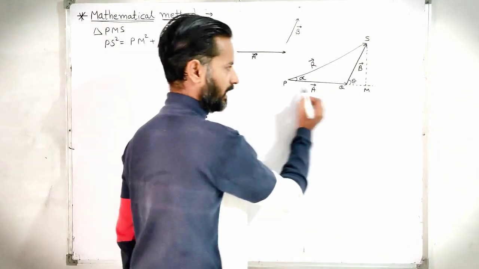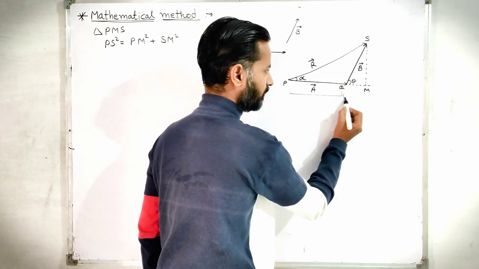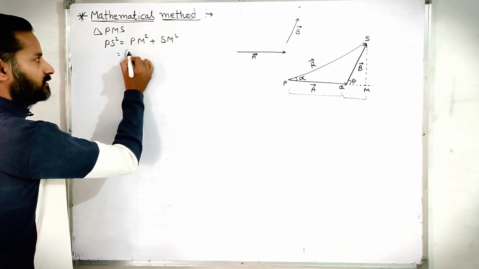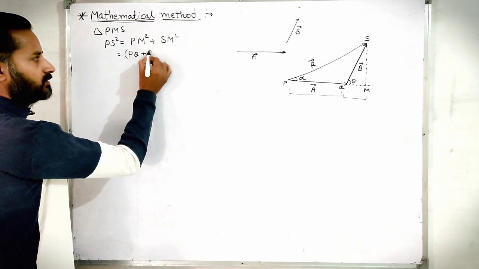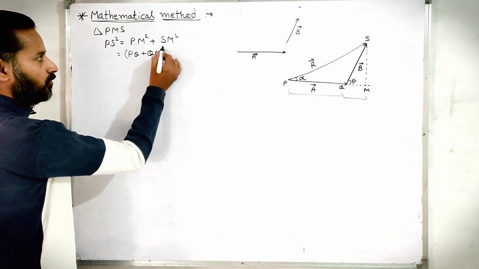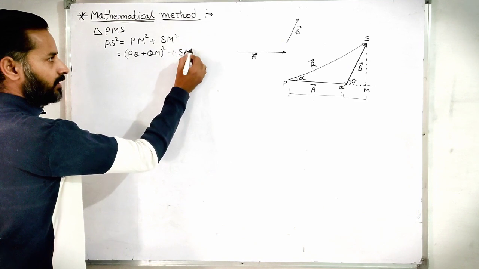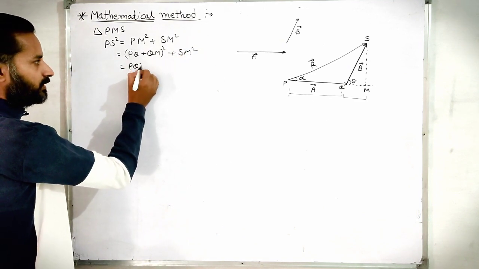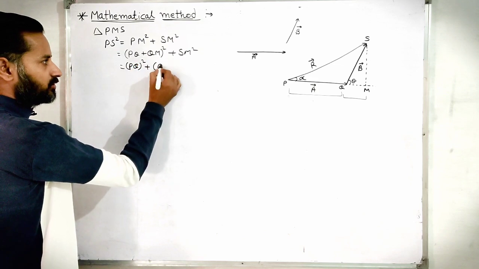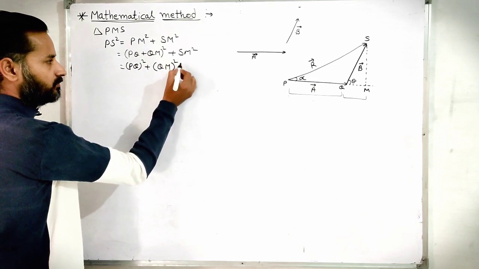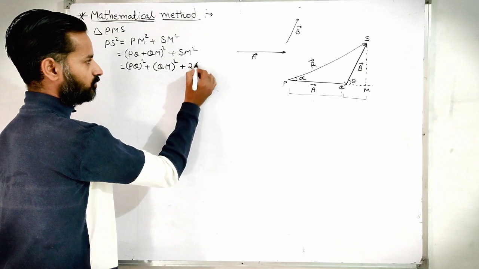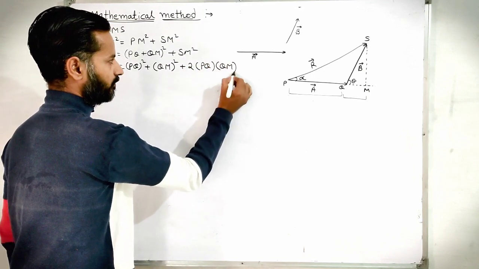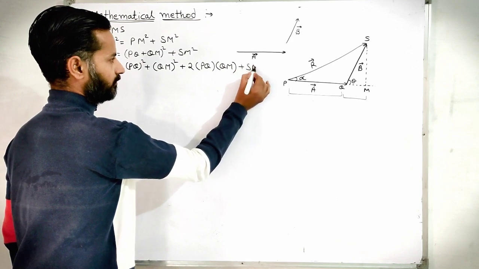Since PM is a combination of PQ plus QM, we can write (PQ plus QM) whole square plus SM square, or we can open this: PQ square plus QM square plus 2 PQ QM plus SM square.